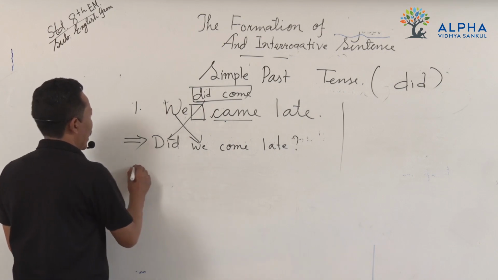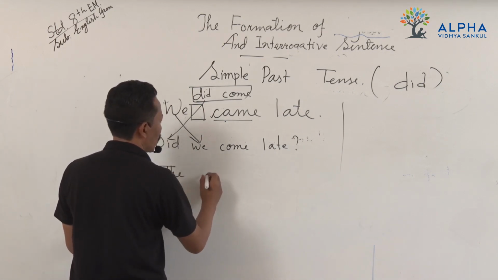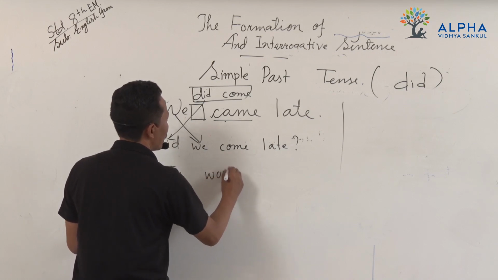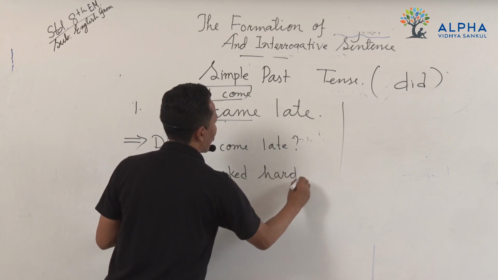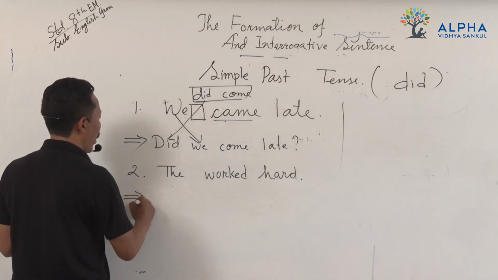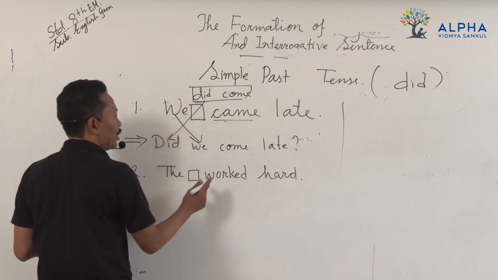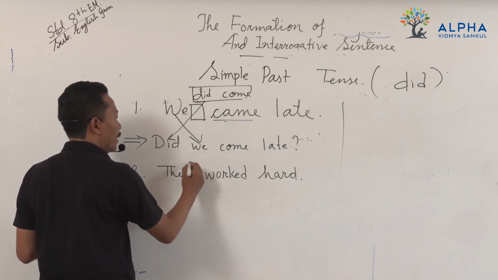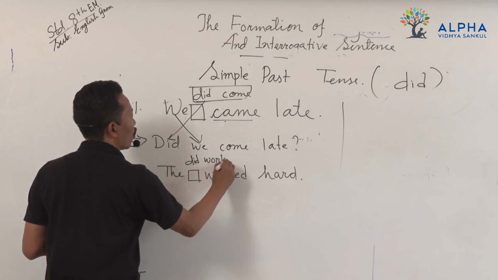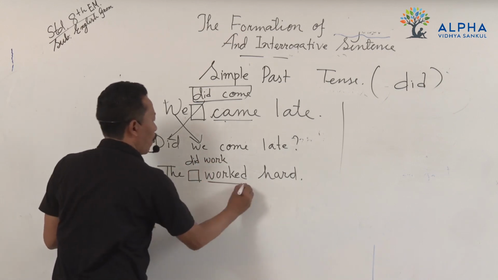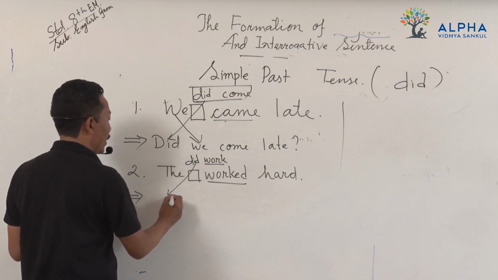Number 2. They work hard. Then the same way here, we have to play the game of imagination. What means what? Did work. This past form we have to change into the present form. So this did will come first.